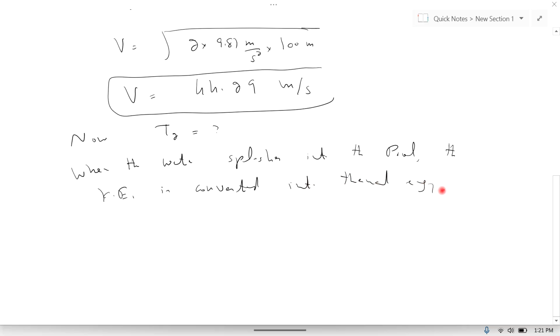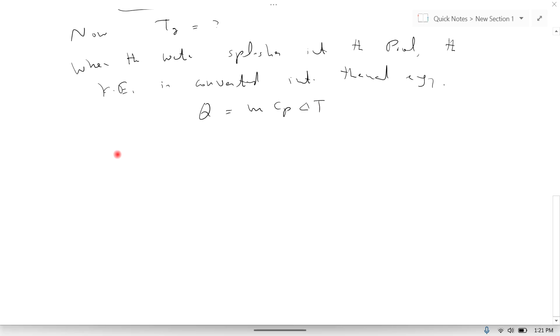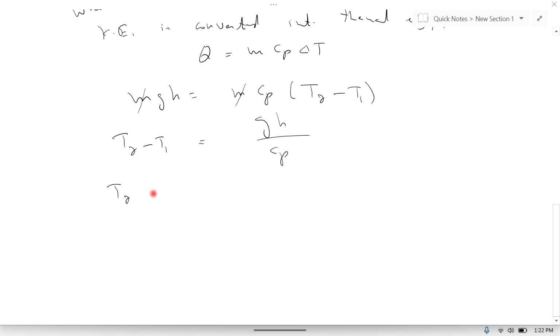Thermal energy here is Q equal to m cp del T, or mgh, potential energy, is equal to m cp del T. Del T is equal to T2 minus T1. So m will be cancelled with m. We have to find T2. So T2 minus T1 is equal to gh divided by Cp. Or we can write this equation as T2 is equal to T1 plus gh divided by Cp.